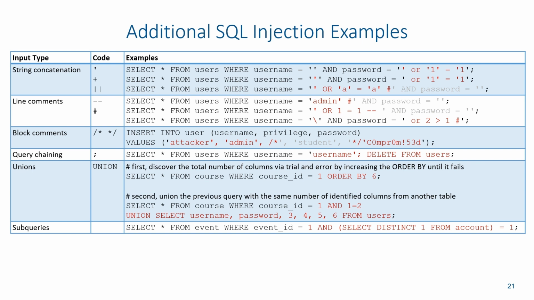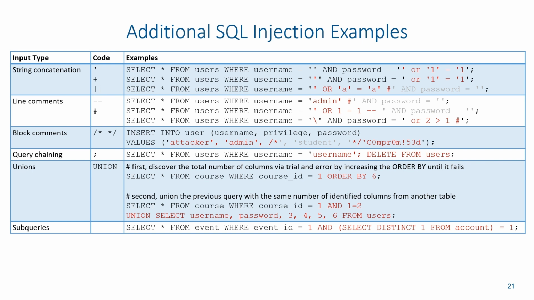So I say union select username, password, 3, 4, 5, 6 from users. That's going to return the username, password, and just the numbers 3456 to match the same 6 columns that were returned in the original query. And since it's looking for 6 columns, it's going to find those and return them here. And now I have access to the username and the password. Hopefully, at least the passwords were encrypted if they're still open to SQL injection.